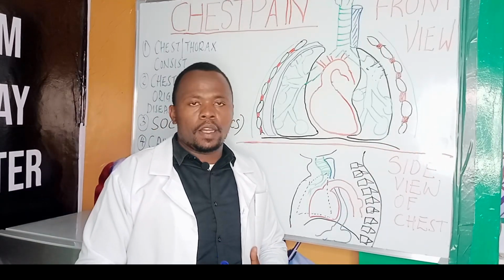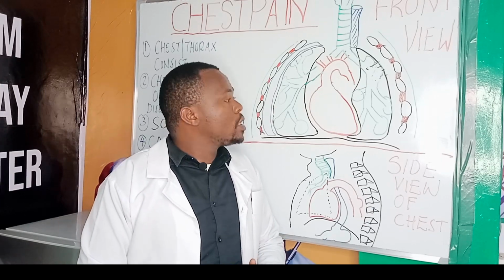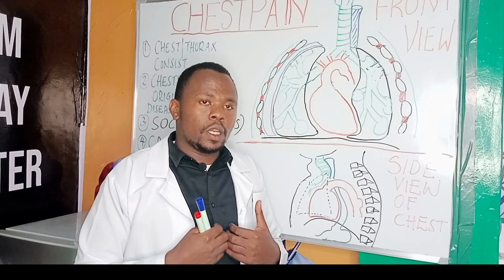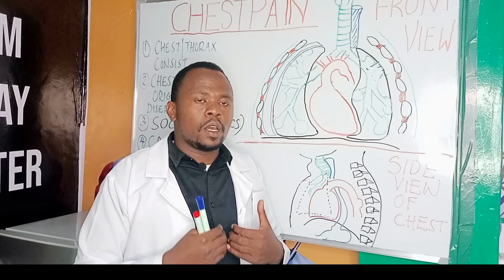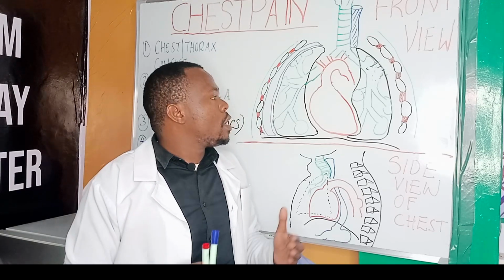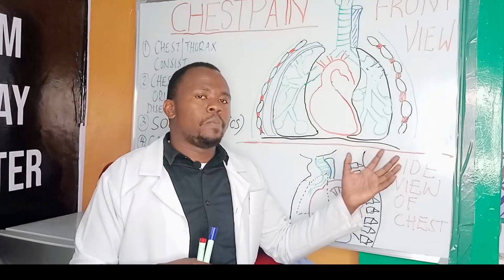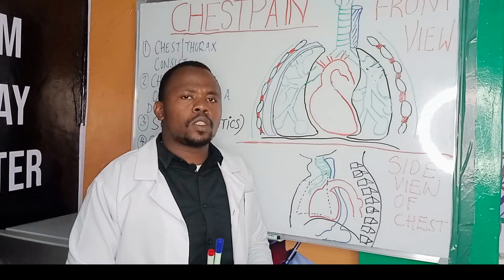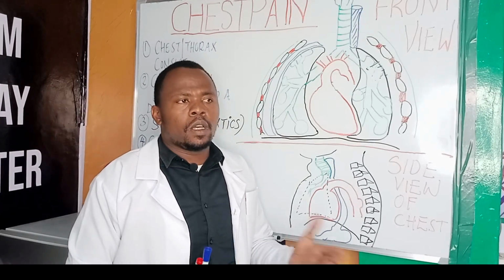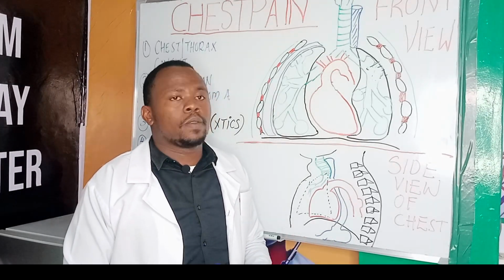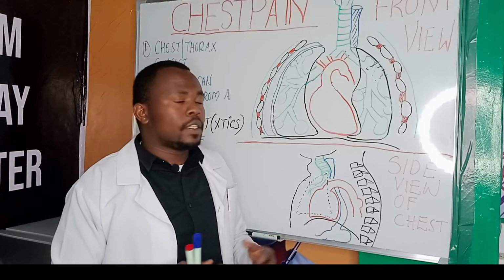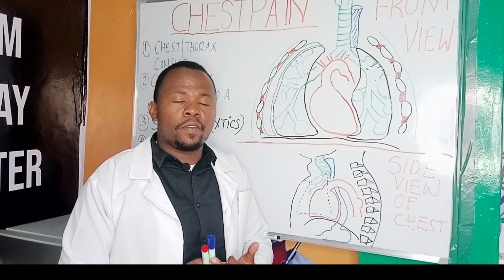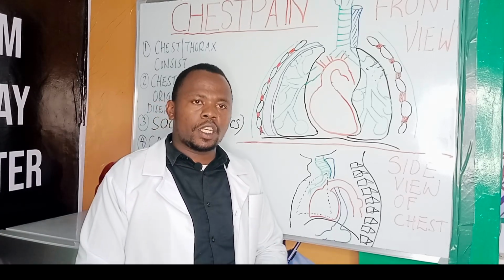So a chest pain that is heart related may present as a central pain around the breastbone, and also it may be left sided. Then the onset of heart-related chest pain usually occurs within minutes. Heart-related chest pain, we usually say, is heavy, squeezing, crushing, dull.